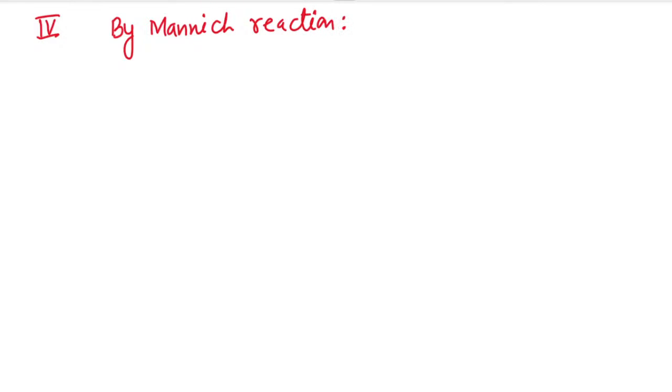So what is Mannich reaction actually? In this case, one ketone, let us say the simplest ketone, acetone, reacts with formaldehyde, HCHO, along with primary amine.